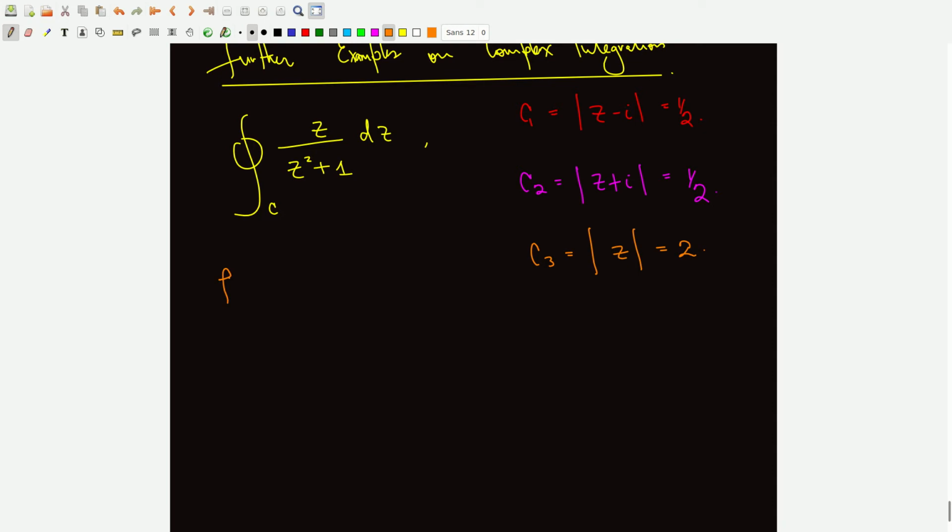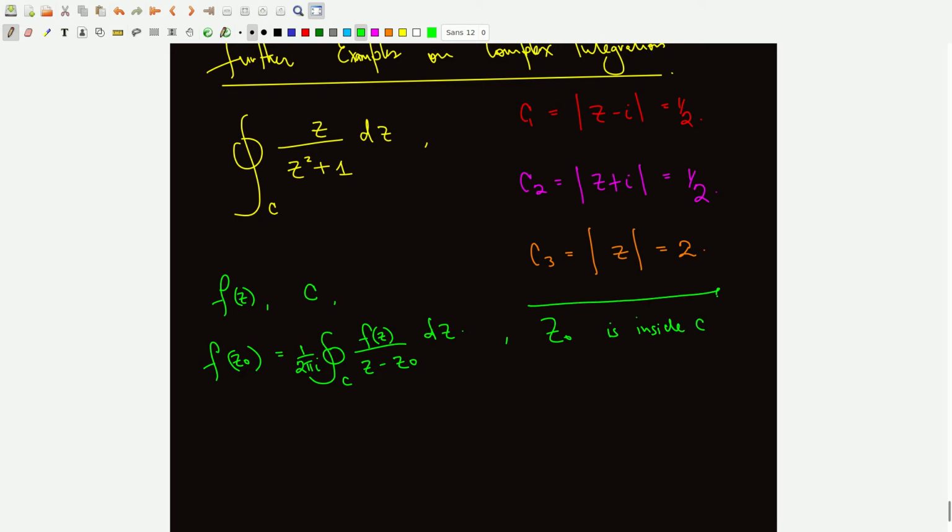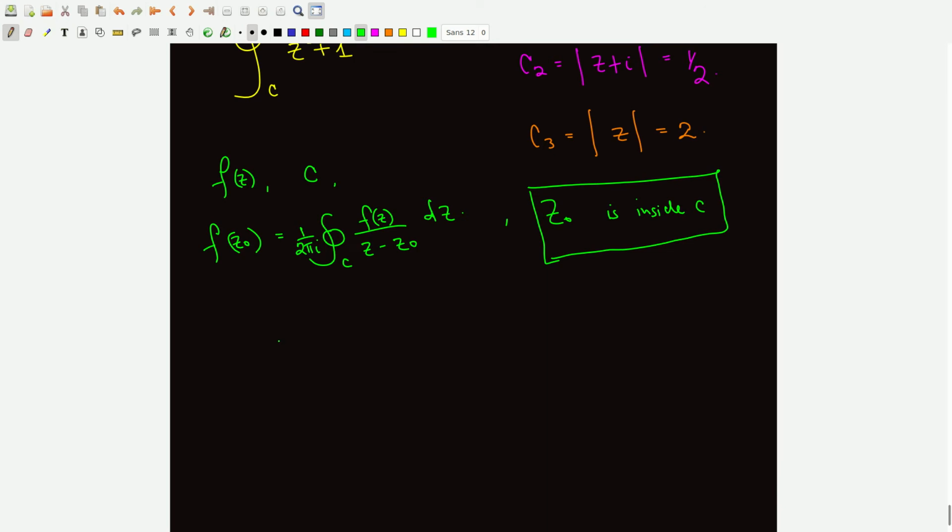Remember that Cauchy's integral formula told us that if we have a function f of z which is analytic inside a closed path C, a closed curve C, then f of z naught can be given as 1 over 2 pi i times the contour integral of f of z over z minus z naught dz, where z naught is inside C. This is very, very important for us to note that z naught is inside C.